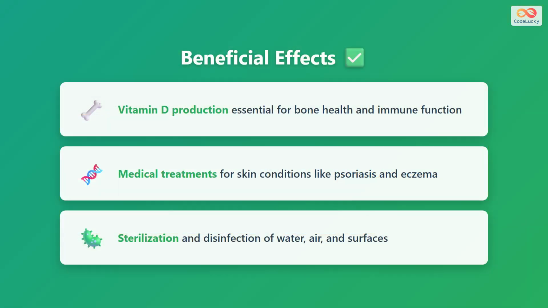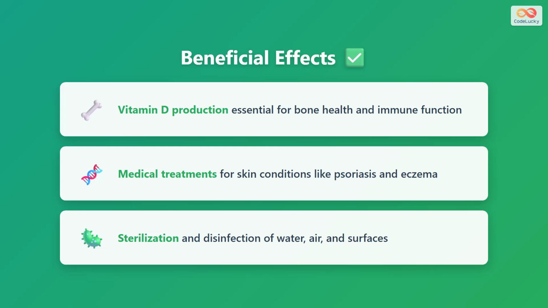Despite its potential dangers, ultraviolet radiation provides several important benefits. The most well-known benefit is vitamin D production. When UVB rays strike our skin, they trigger a chemical reaction that produces vitamin D, which is essential for bone health, calcium absorption, and proper immune system function.